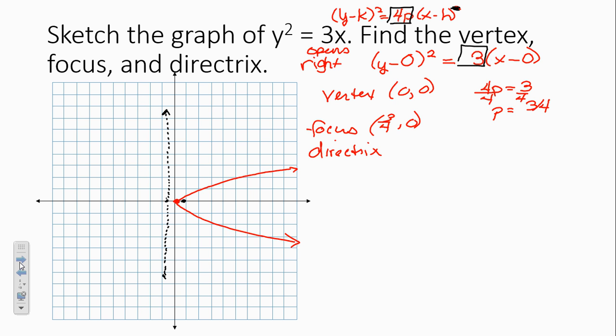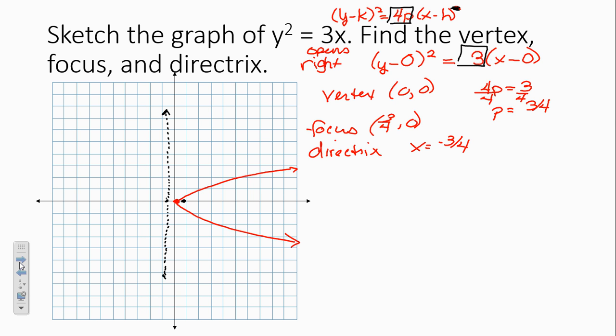Negative 3/4 is equal to x. Okay, so if you remember, the focus is always on the inside, the directrix is always on the outside. P units away, you don't have to worry about whether it's plus or minus and so forth.